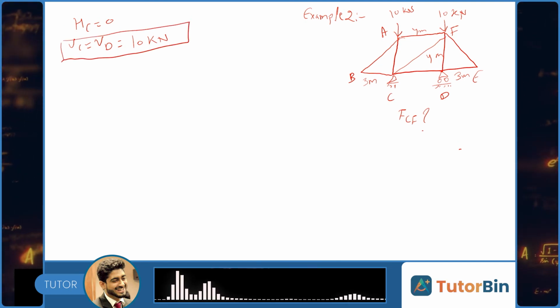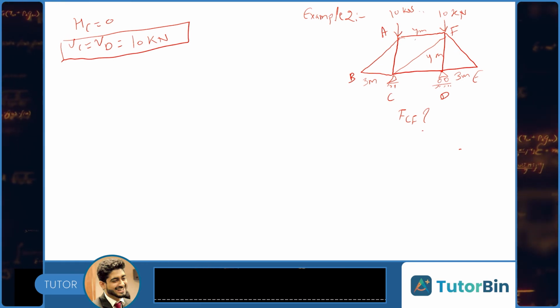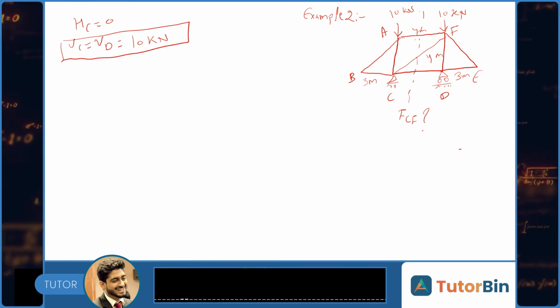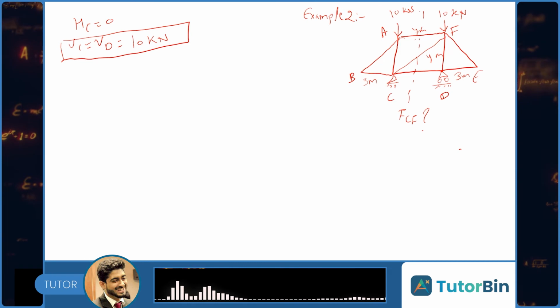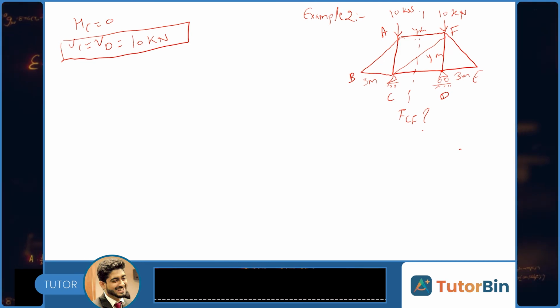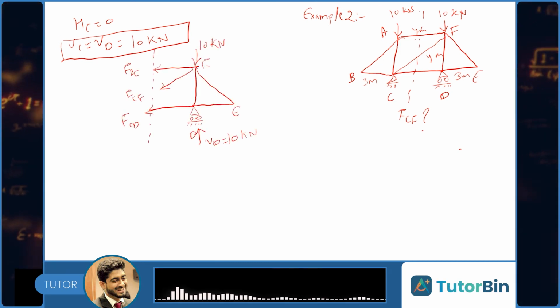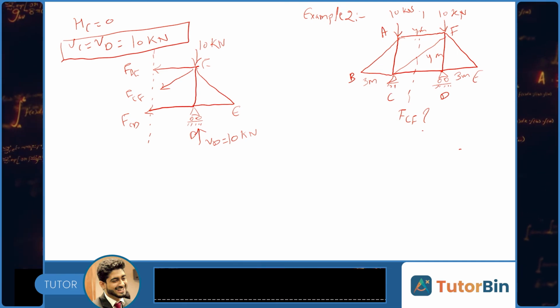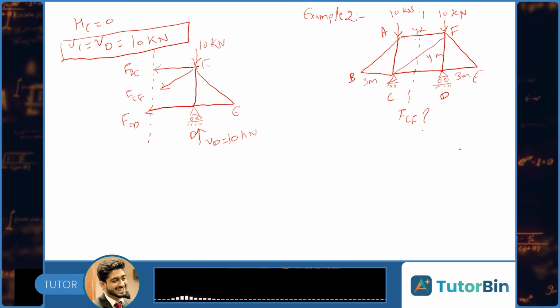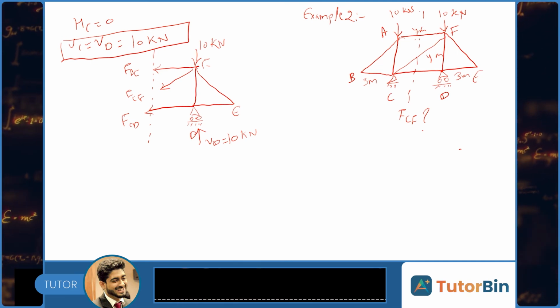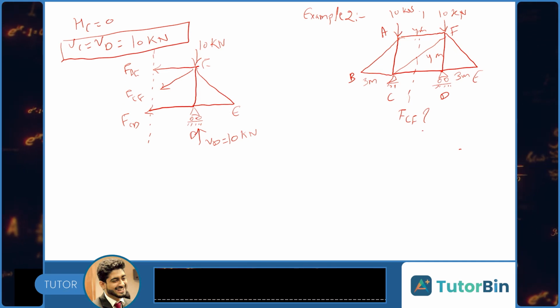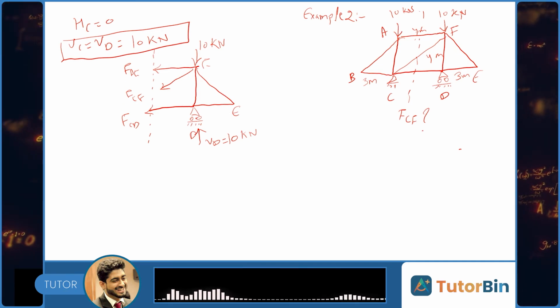In this problem we need to find force FCF. So I am taking this section which contains this member CF, and I'm drawing only the right part of this section.